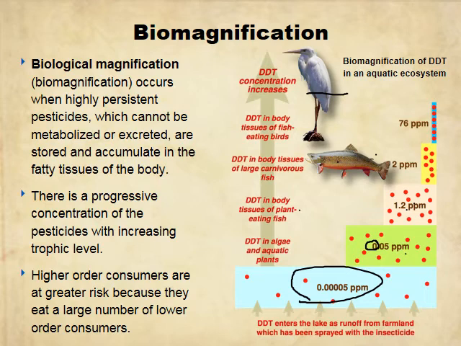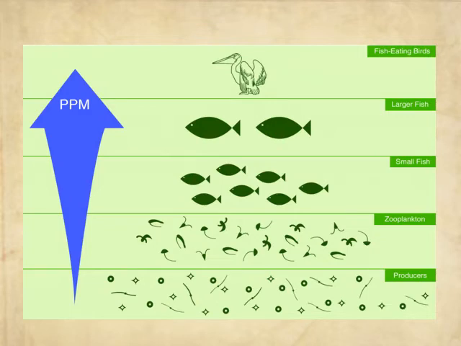So if you went back to the image of the food pyramid that I had drawn, I'll go back. I can't go back, but you can see in this one you have one pelican here. This one pelican has eaten these two fish. These two fish have eaten all of these fish. All of these fish have eaten all these zooplankton. All these zooplankton have eaten all these producers.